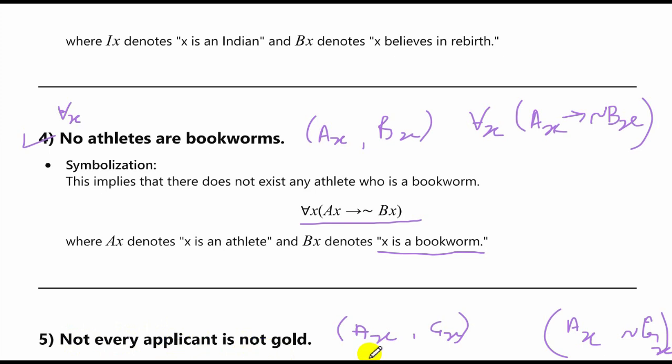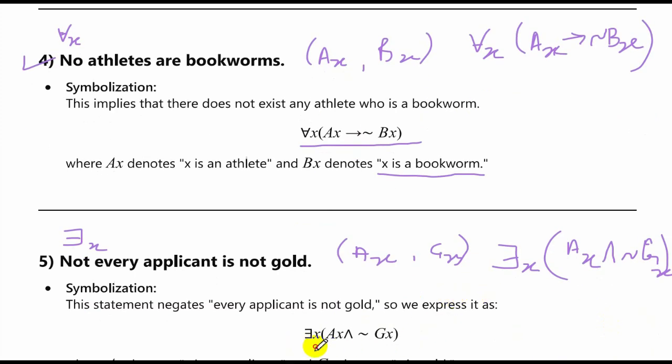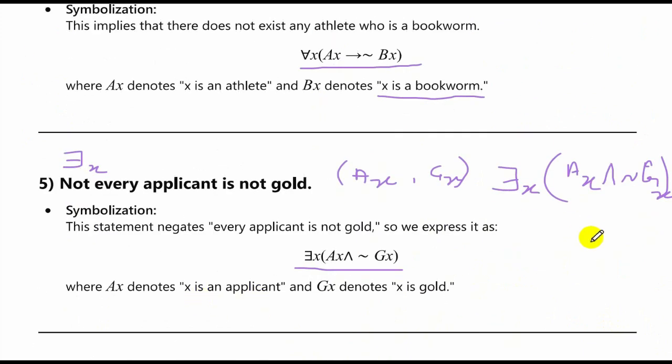So when you say some, it is an existential quantifier, and with existential we use the conjunction symbol, the and symbol. So there exists an X such that X is an applicant and X is gold.